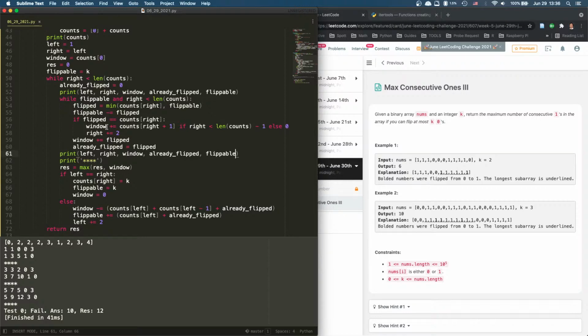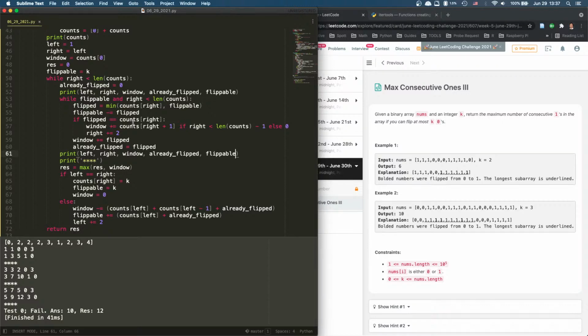So already flipped, I say it's 1, but actually it's not 1. Already flipped should be 0. If I go to the next one, right plus equal to 2, already flipped is 0, right?